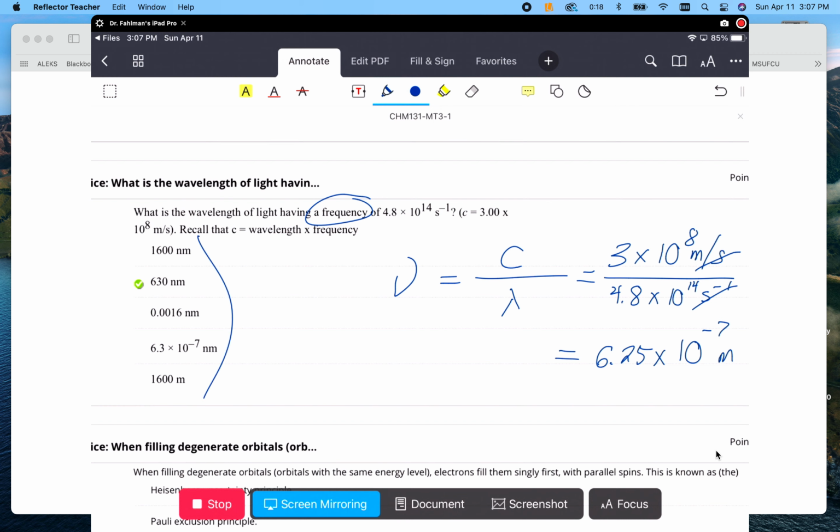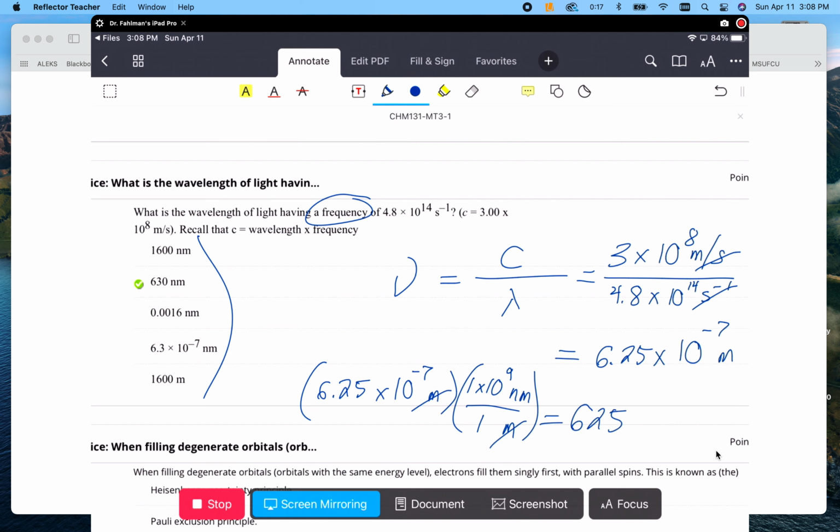And all these answers are in terms of nanometers, so we have to convert that to nanometers. And so 1 meter, we'll do it this way, is a whole bunch of nanometers. Okay, so that times 1e to the 9th is 625 nanometers.